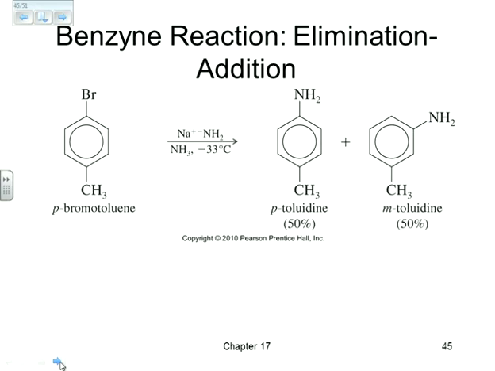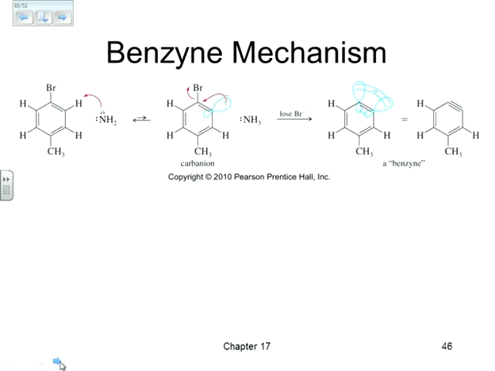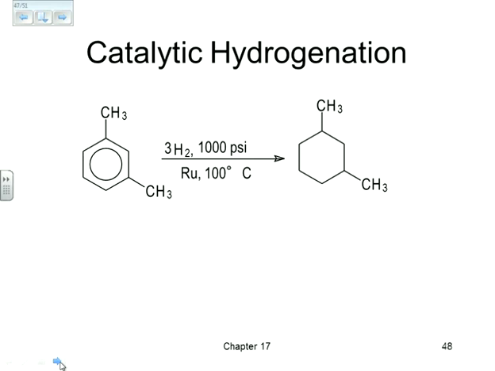And the benzene reaction. Okay, so that only leaves a few reactions at the end of this chapter. These do not have mechanisms. These are just a predict the product.